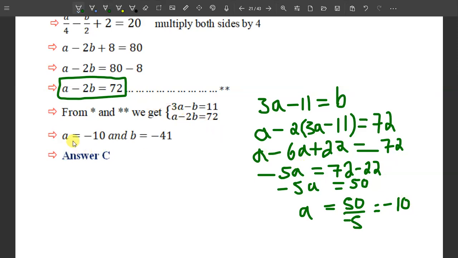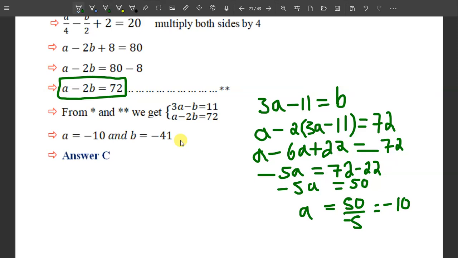Once you get a, substitute this value minus 10 in place of a here, multiply it by 3 and subtract 11 from the result. 3 times minus 10 is minus 30. Minus 30 minus 11 becomes minus 41.